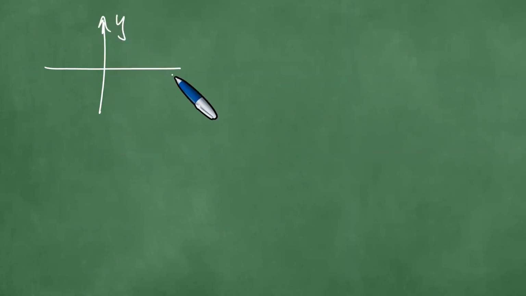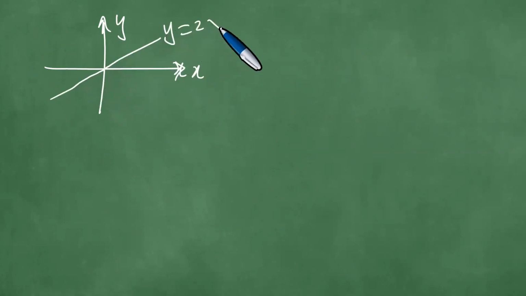So this question looks at what happens when you consider y and x, and then you have y equals 2x. Calculate the volume of the cone generated by revolving the area between y equals 2x, the y-axis, and the line y equals 5.